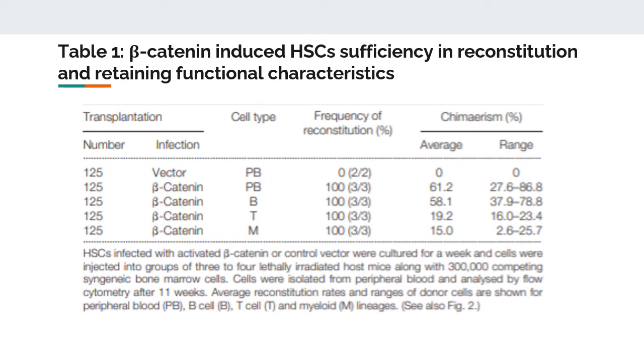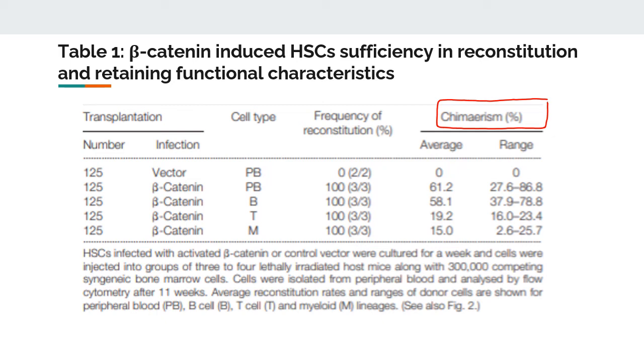They measured how frequently the donor mouse cells were found in the recipient mouse using the markers we discussed earlier, Ly5.1 and Ly5.2. And here we have where they measured chimerism, which is calculated by the ratio of donor versus recipient cells.